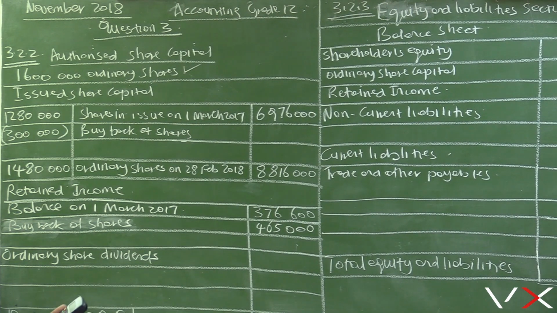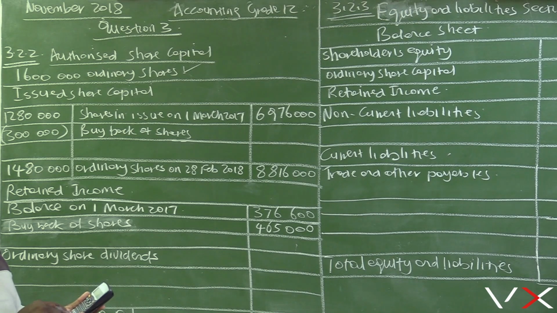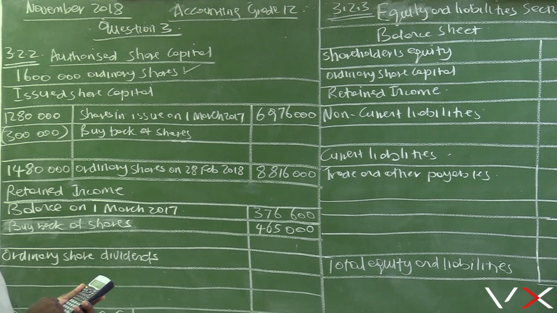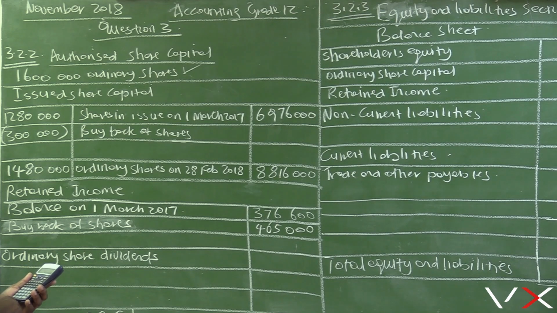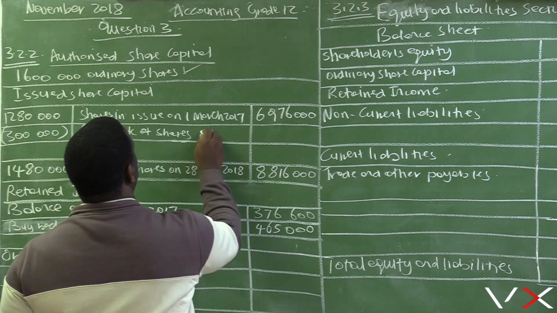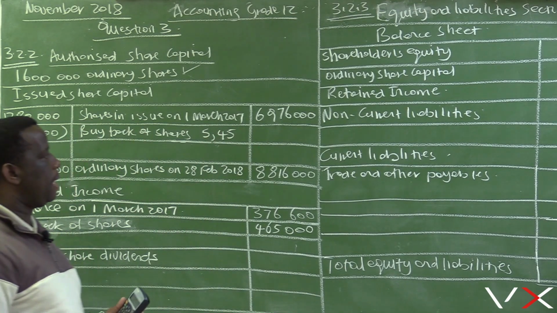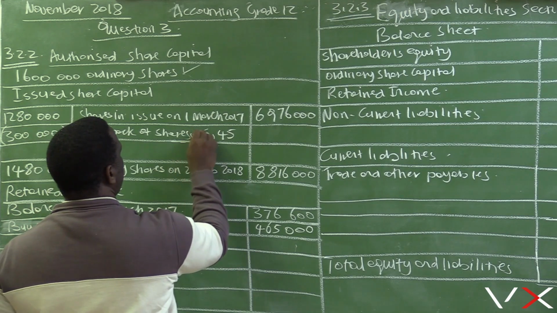So our capital is 6,976,000 divided by 1,280,000, which equals R5.45. The average issue price is R5.45.